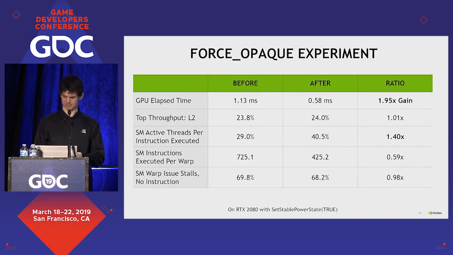In fact, this happens because look at this row here. The SM instructions executed per warp got down from 725 to 425, almost half. And the divergence problem also got better. The SM active threads per instruction executed got up from 29 to 40. There was a 40% increase here.